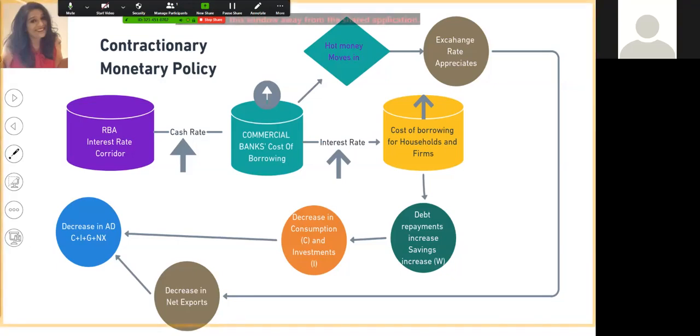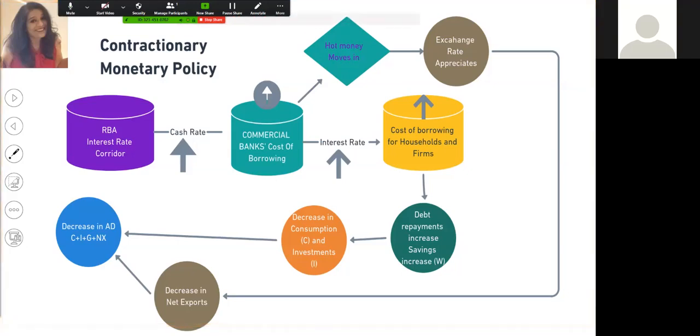So people would rather choose to save more, and the debt repayments become more, and thus spending is likely to go down. And as the aggregate demand decreases, there is a decrease in the economy's income, output, and employment, and the main goal is a decrease in inflation, because we have said that the Reserve Bank's goal is to target inflation.